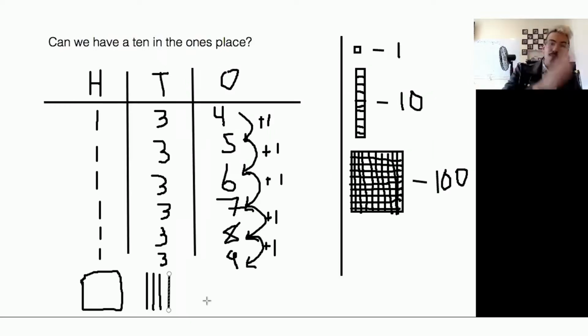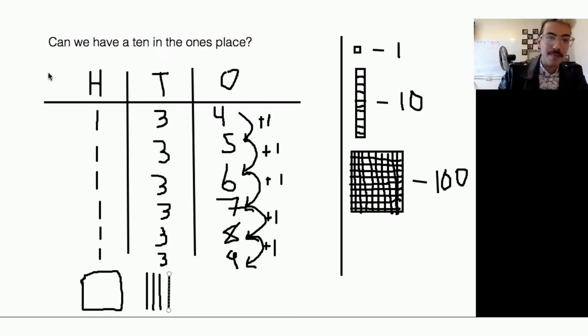So now after 139, since I'm adding 1 more and now I have 10 ones, I have 100, 3 tens and 10 ones. I'm going to take the 10 ones and I'm just going to put them together and make a 10. Because I took those and brought them over into the tens, I have nothing in the ones place anymore.